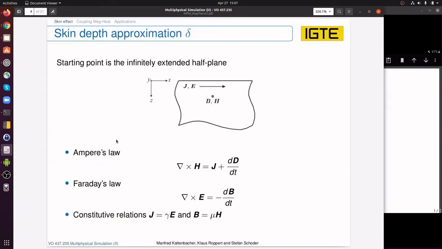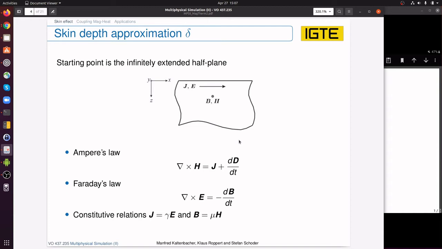Okay, and what's the starting point? Of course, Ampere's law and Faraday's law, as written down here, where we neglect the time derivative of the displacement current density, so the low frequency approximation, and we also have our well-known constitutive relations.